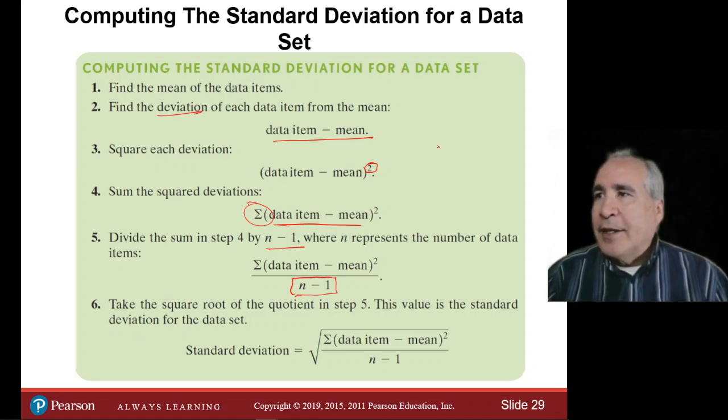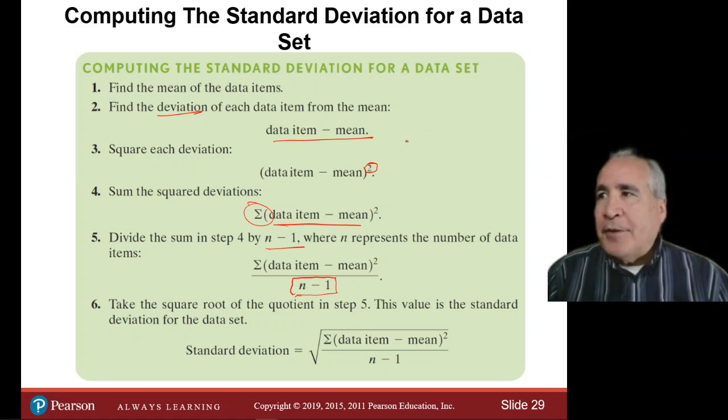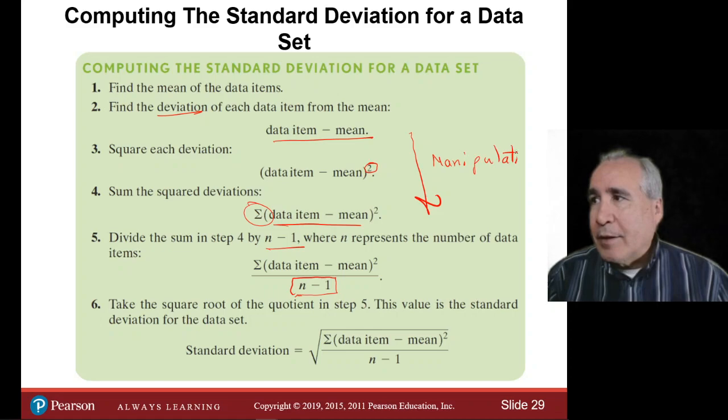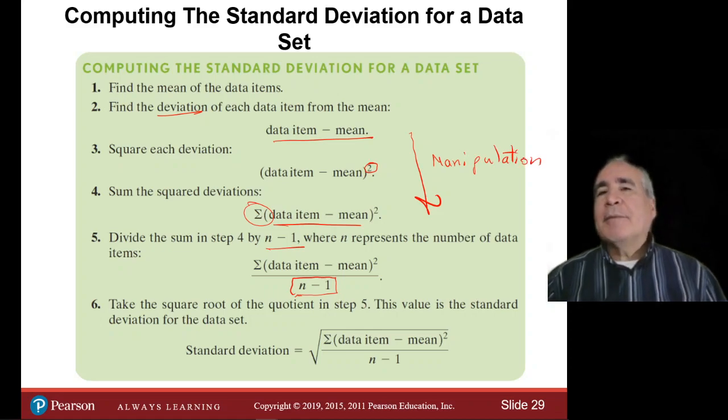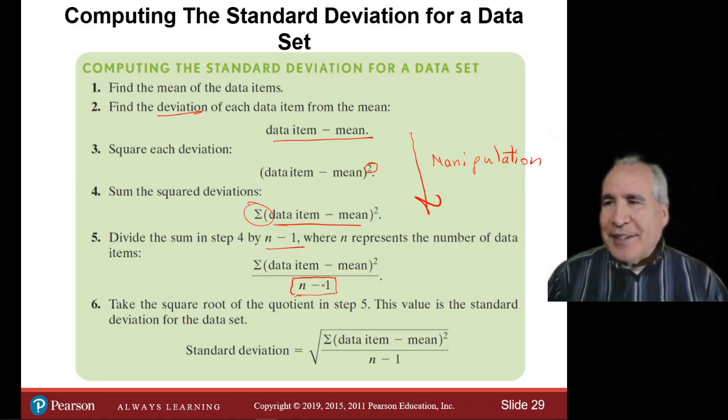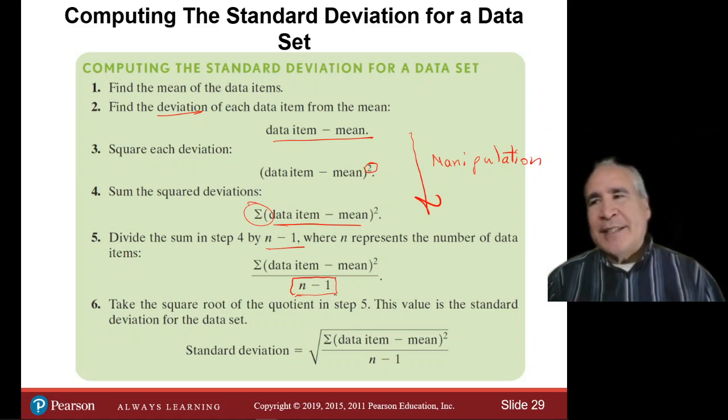So here, getting the deviation is very understandable. That makes sense. We got something that wasn't helpful, so the rest of this is a mathematical manipulation in an attempt to get to a number that would be useful. So we square it and find sort of the average deviation. Again, this n minus 1 is not quite right.